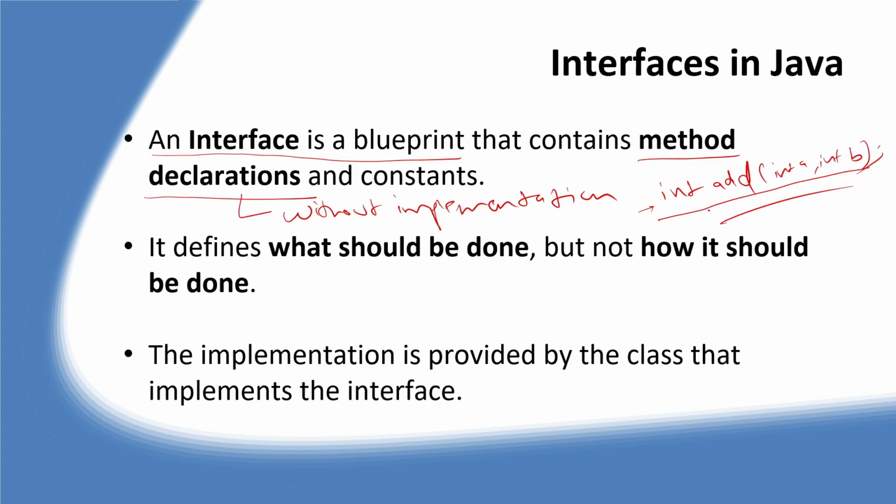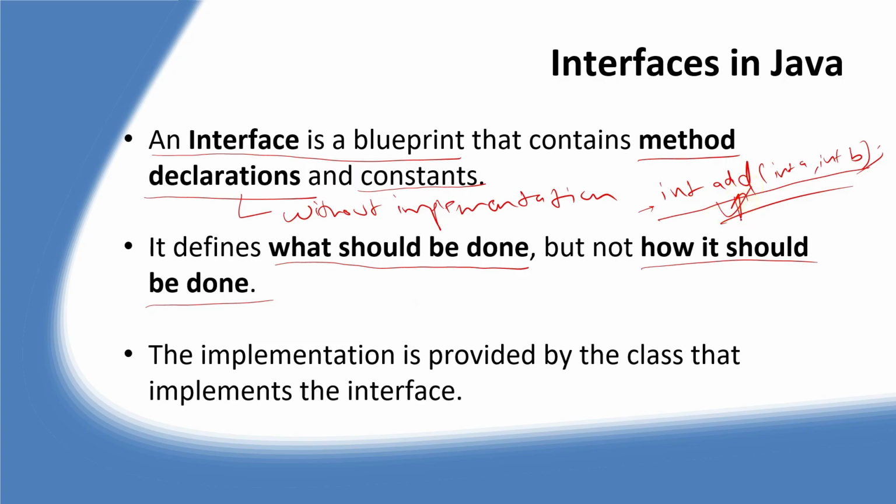And apart from method declarations, we will have some constants. So an interface defines what should be done, but not how it should be done. We are providing what should be done, that is add.